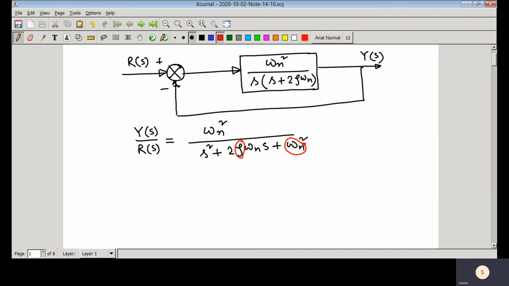So in the second order system transfer function model, this omega n is known as the natural frequency, unit is radian per second, and this zeta is called the damping ratio.